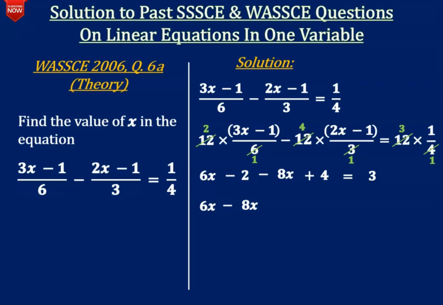And on the right hand side, we have 3 plus 2 minus 4. 6x minus 8x is negative 2x. And 3 plus 2 minus 4 is 1. Dividing both sides by negative 2, we have x to be equal to negative 1 over 2.